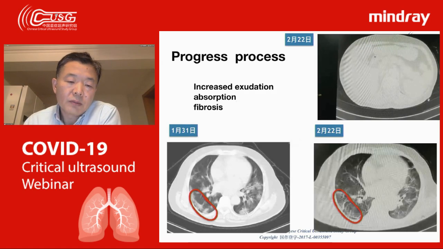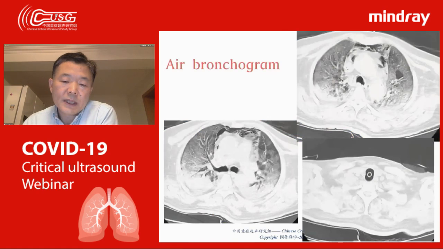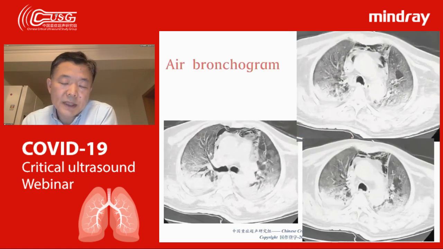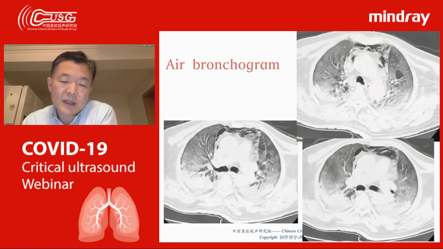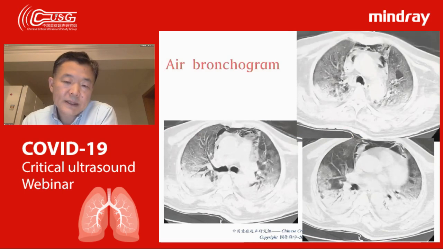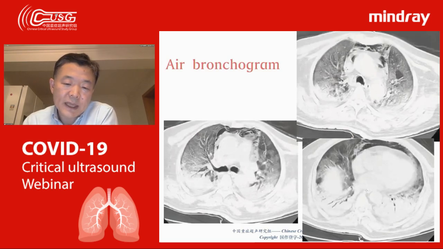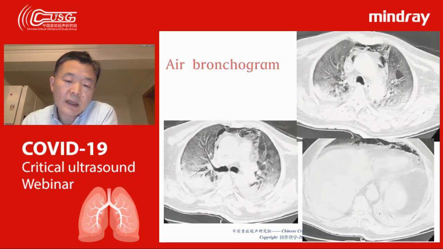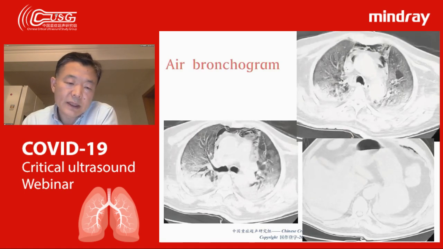So the patient's lung X-ray or lung CT scan showed us, I think it's the same as the pathology basis. And if the patient is in the end stage or very late stage, you will see the lung become more consolidation or become very small or very stiff.